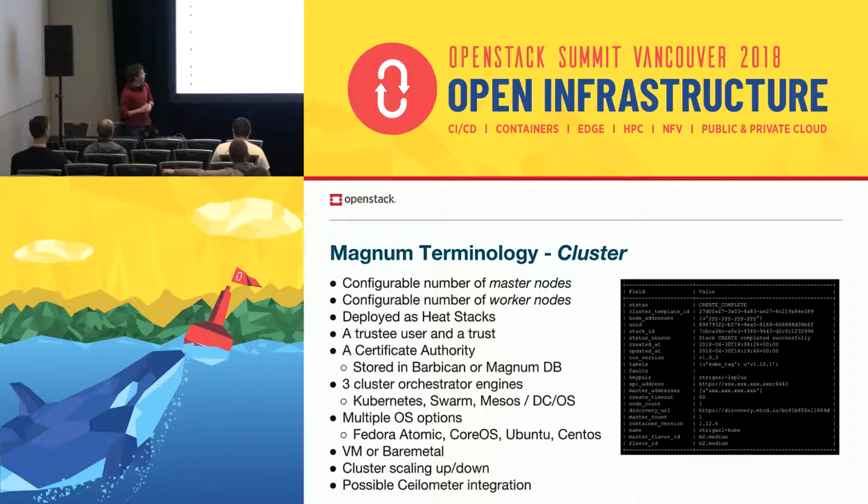So I mentioned there are multiple orchestration engines. You can also have multiple backends for the nodes, multiple operating systems. You can't use all of them for all the drivers, so there's a matrix that tells you which ones are supported. The most used is Fedora Atomic. In most cases, it's Fedora Atomic.